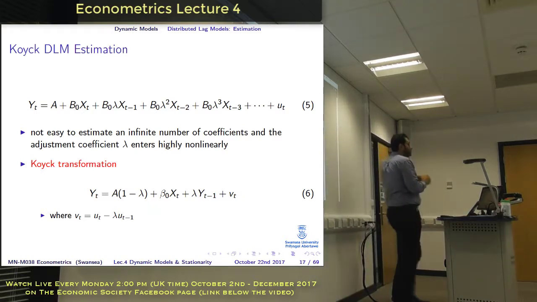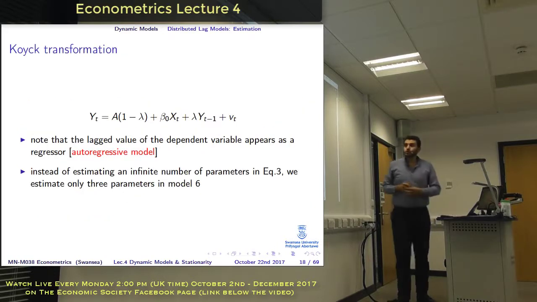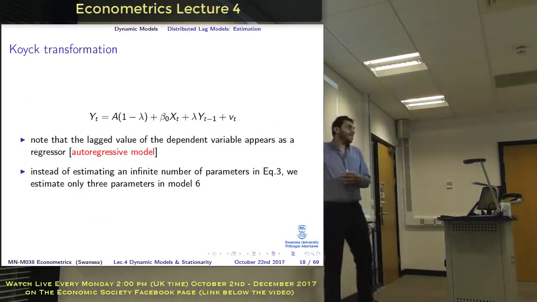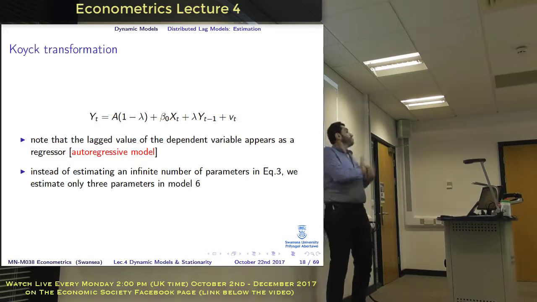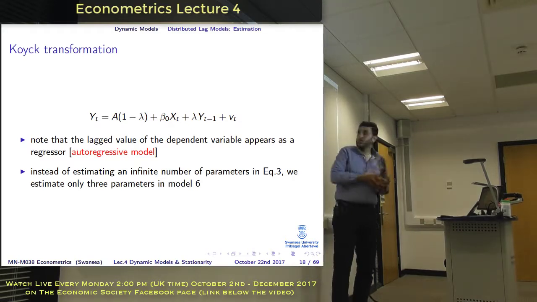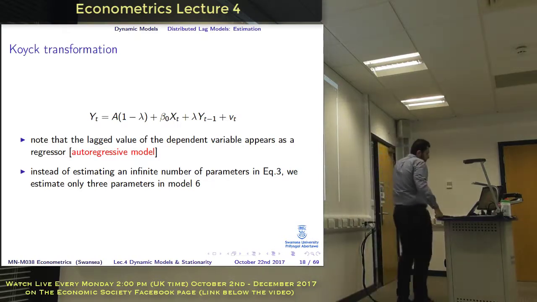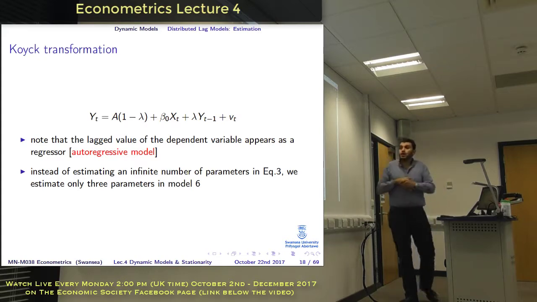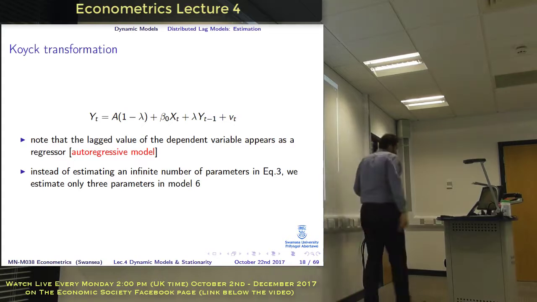So we transformed the distributed lag model into another form, which is the autoregressive model, meaning that yt, the consumption expenditure here, depends on its own values in the past, in t minus 1. This is the first time we see this: the lagged values of the dependent variable on the right-hand side. And that's why it's called autoregressive.